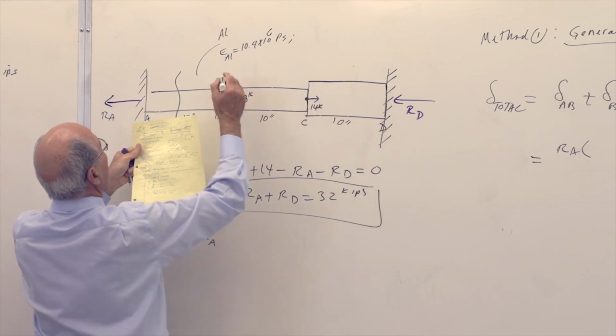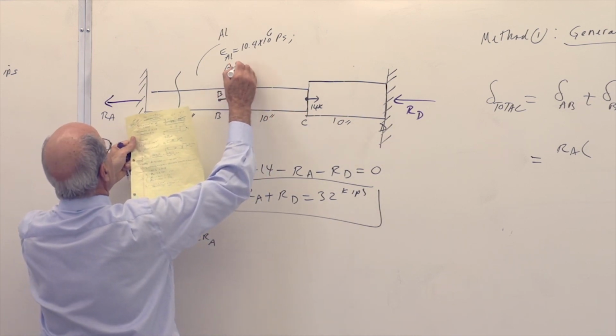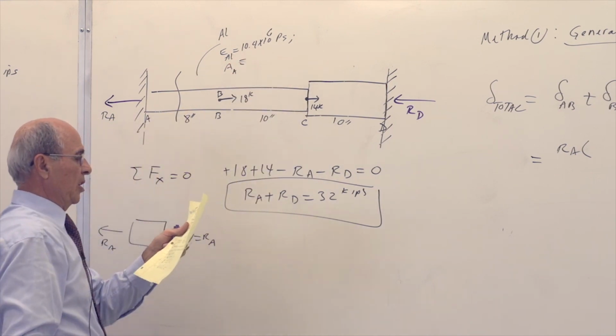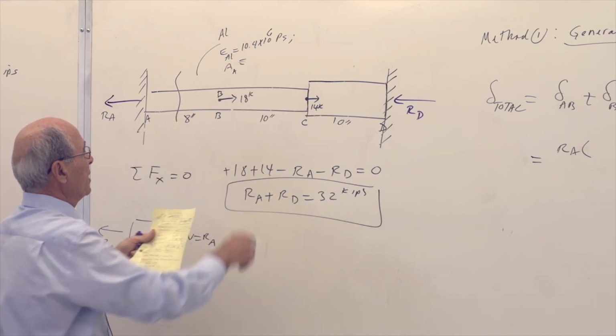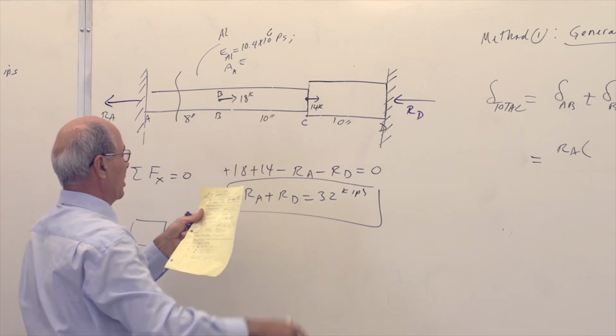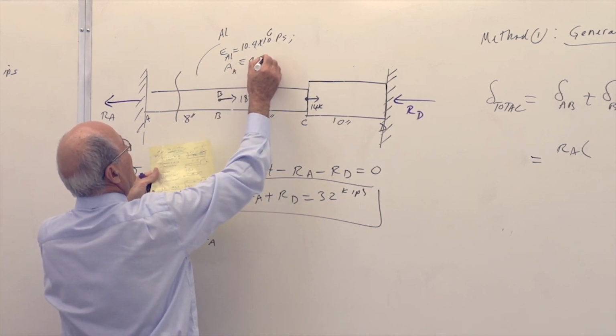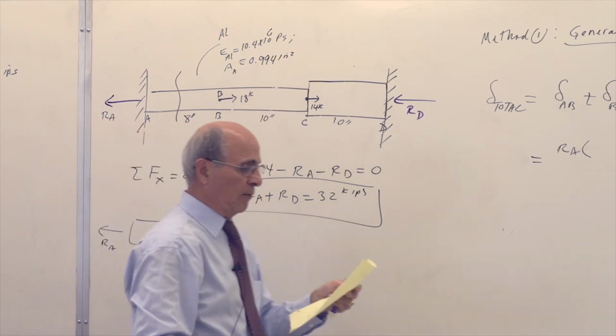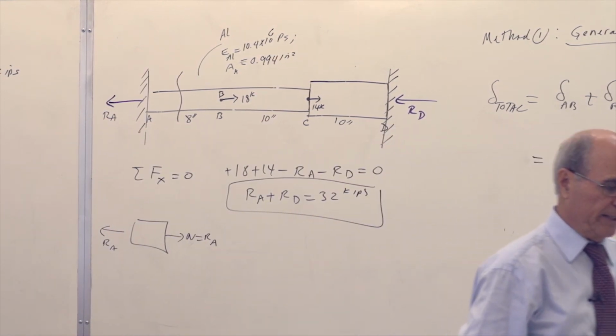Area means cross-section area. The area of the aluminum, depending on the diameter here, is given equal to 0.994 square inches. Actually, the diameter here is 1 1/8, 1 inch and 1/8.